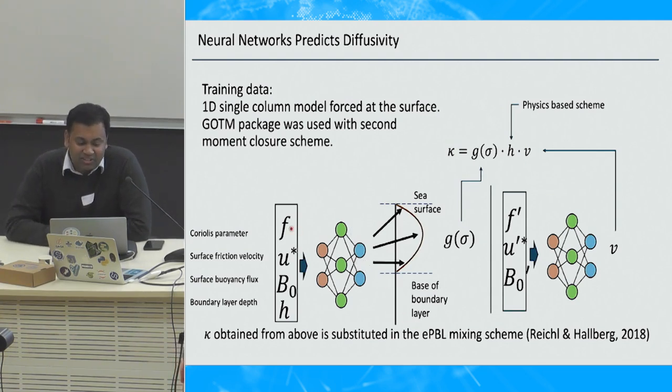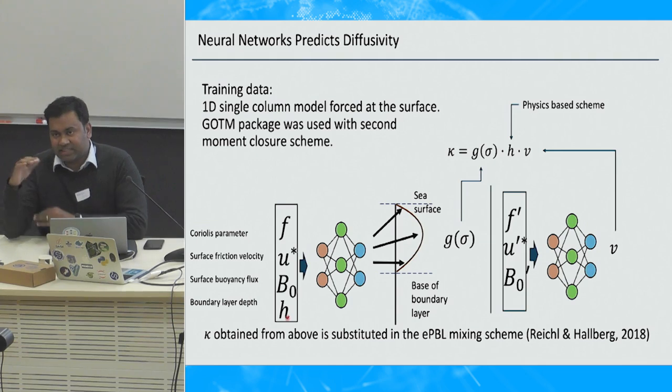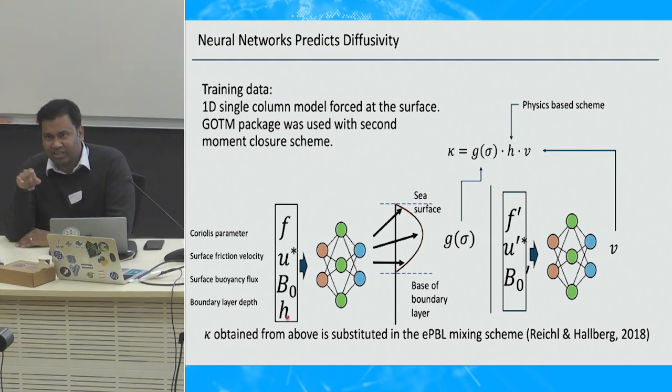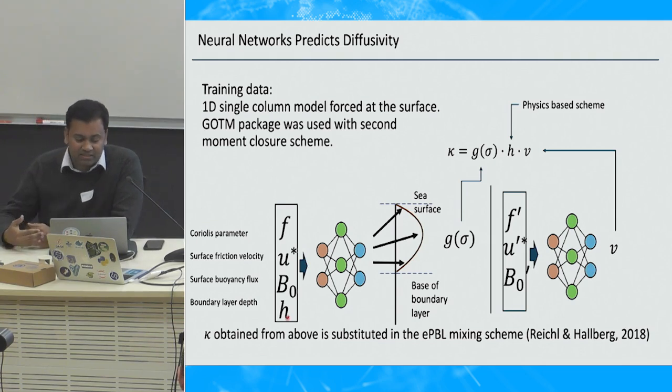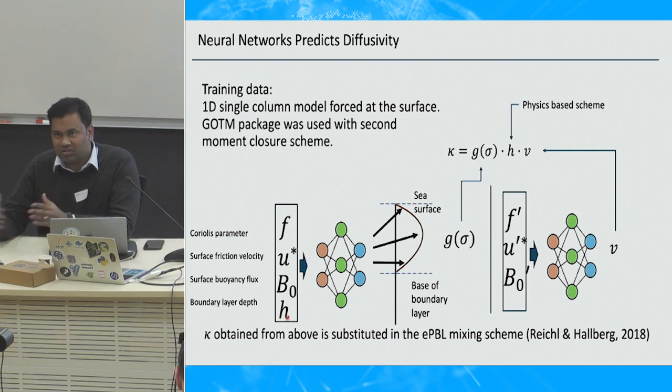So the network has some inputs, right? In my case, it's Coriolis, u star, buoyancy flux, and boundary layer depth H. The training data is from a single column model, so it has some fixed height, I think 800 meters or 600 meters, which means the training data doesn't have boundary layer depths below that value. But when you put this in a production model such as global MOM6 or NEMO, the boundary layer depth could go below that.